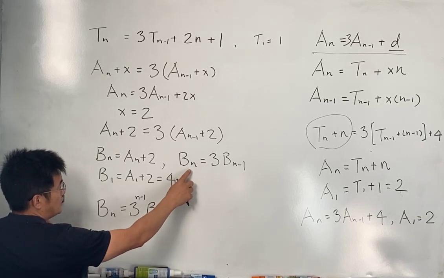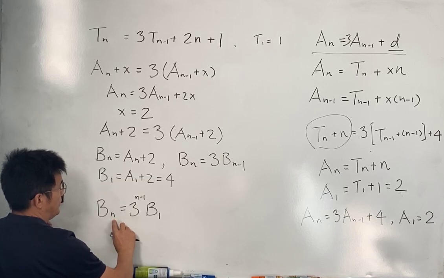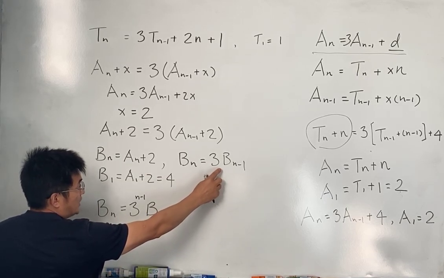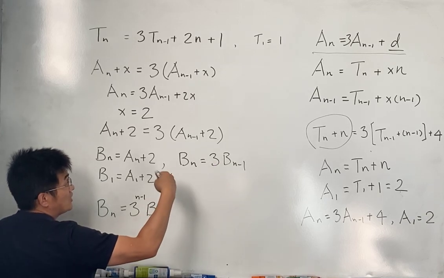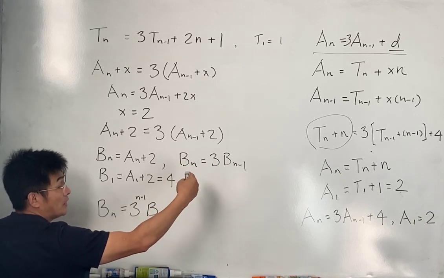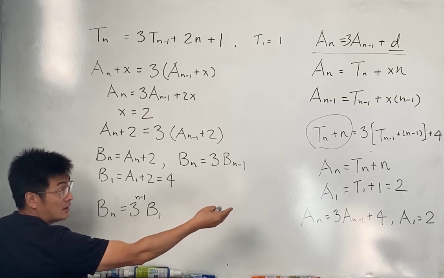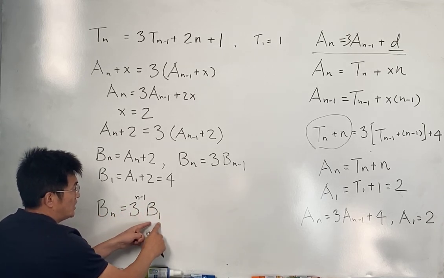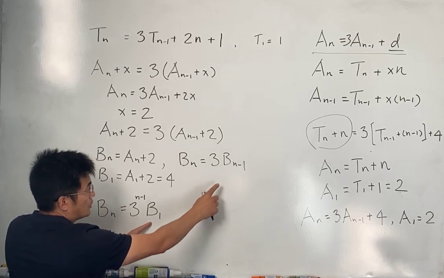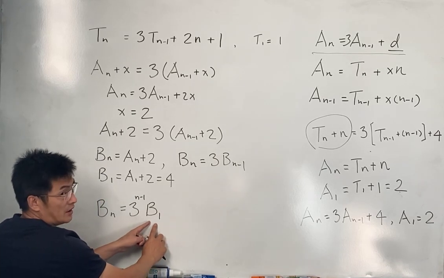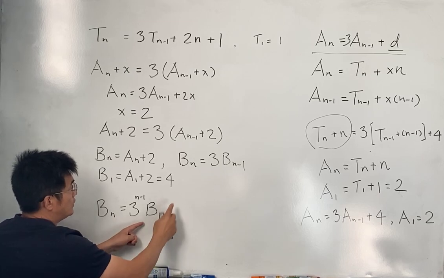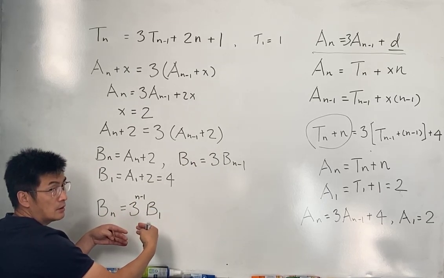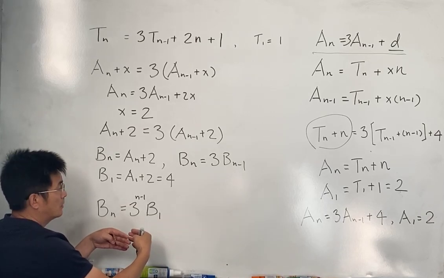So b sub n, we have a 3 here, because this equals 3 times b sub n minus 2, right? So you keep doing that until this reaches 1. You're going from n minus 1 to 1, and so then you've got to go from 1 to n sub 1 to match. So all of them are gone except for this one.